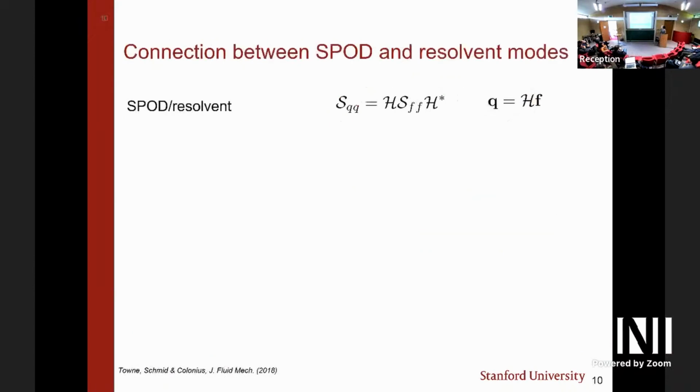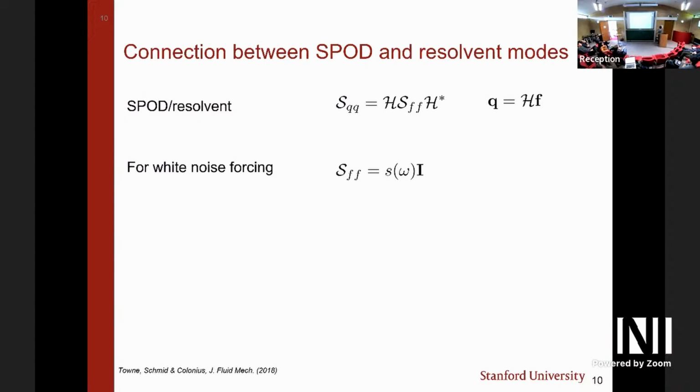Moving on, this really nice connection was brought out by Oliver Schmidt, the connection between SPOD and resolvent modes. The SPOD is done on the cross-spectral density.